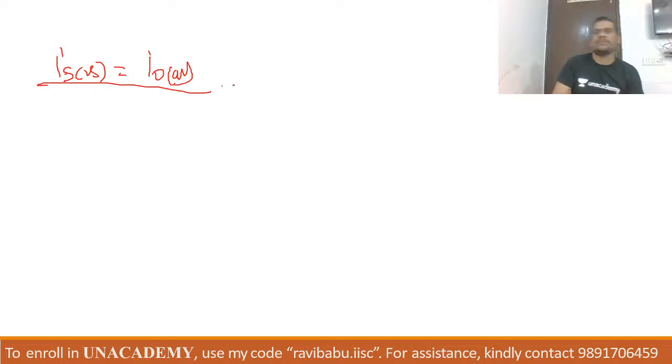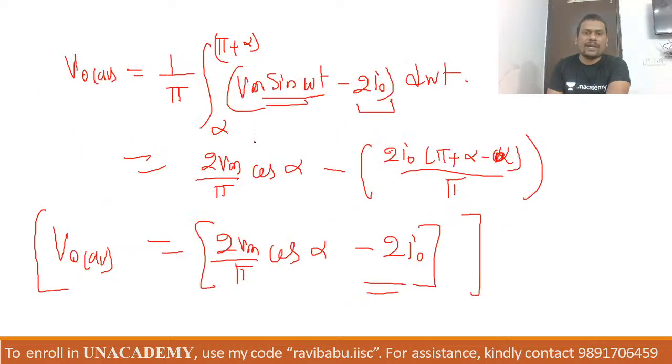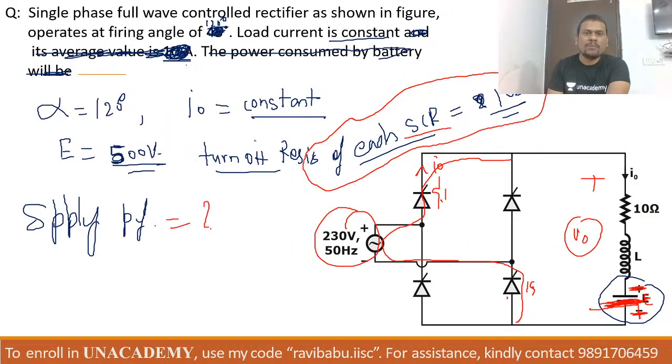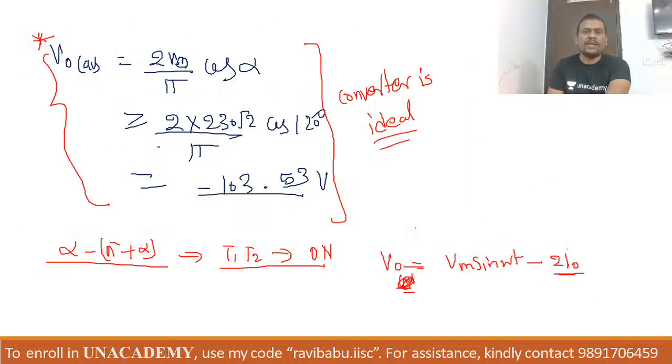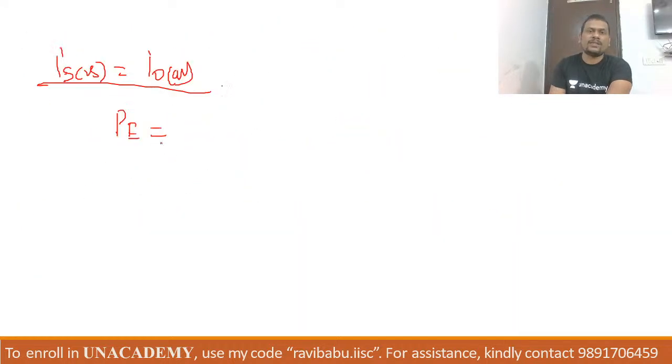One job is done. Now tell me what will be the battery power. Battery power, PE, everyone. See, the battery value is 500 volt. So here 500 into current 33. So we can write E into I naught average is nothing but 500 into 33.